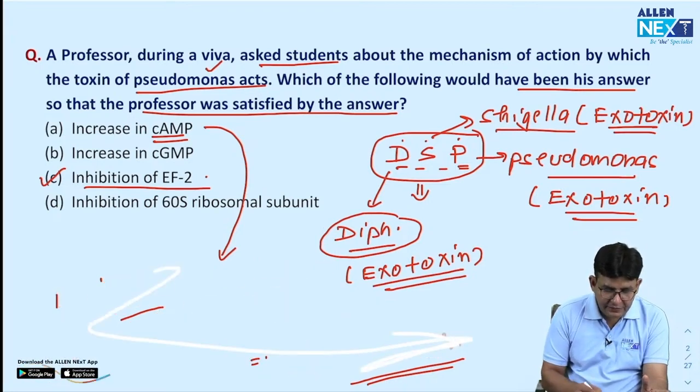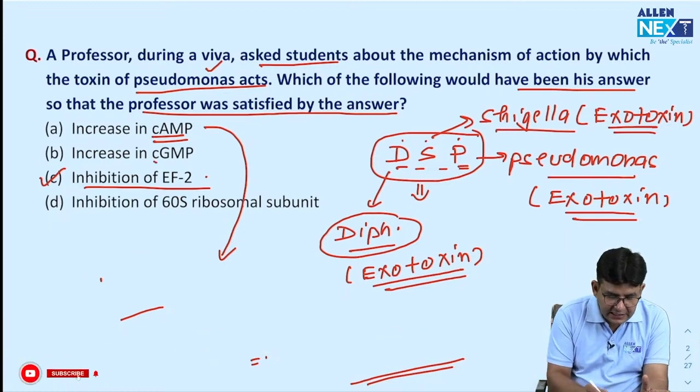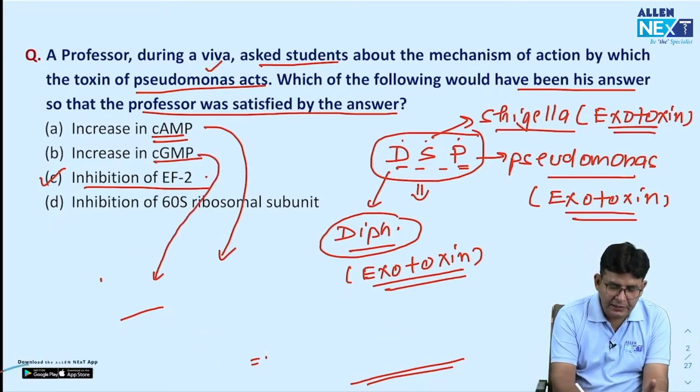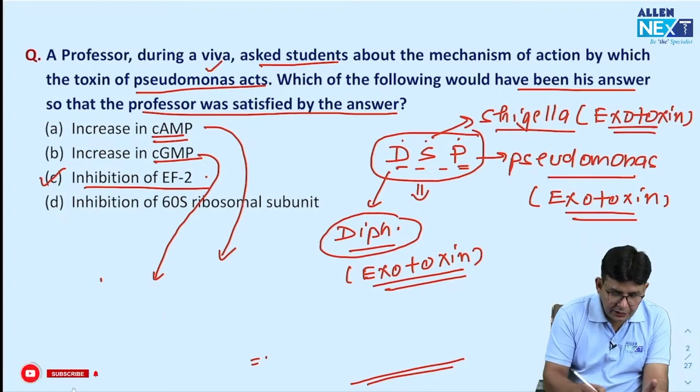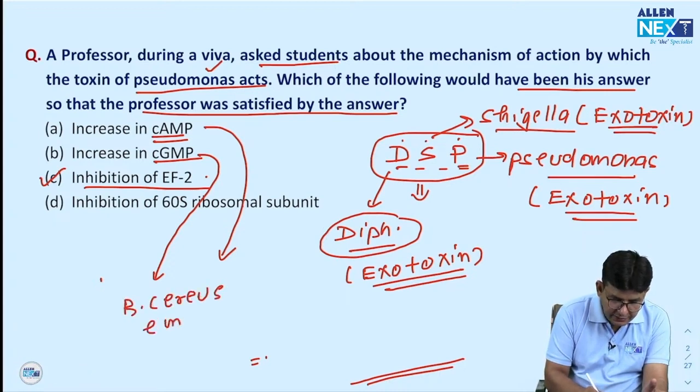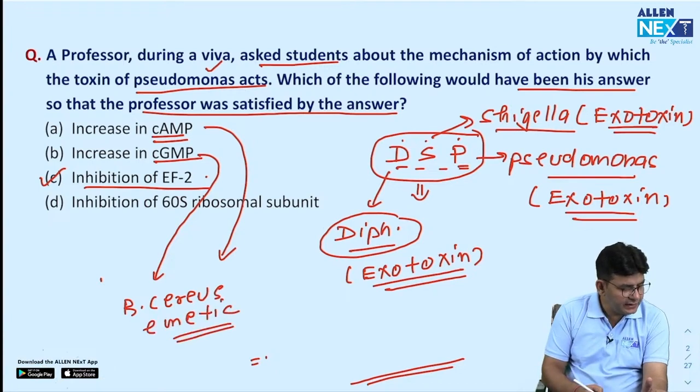Besides that, if somebody asks you about an increase in cyclic GMP, at least two you should remember. One of them is Bacillus cereus emetic strain, the reheated Chinese fried rice one. Yes, you are also right, pertussis.